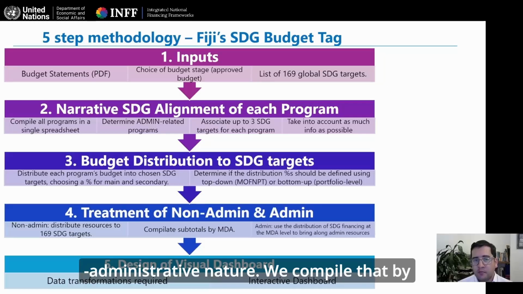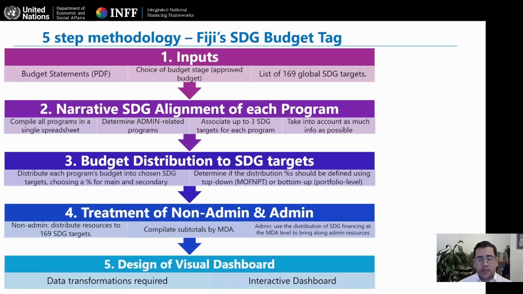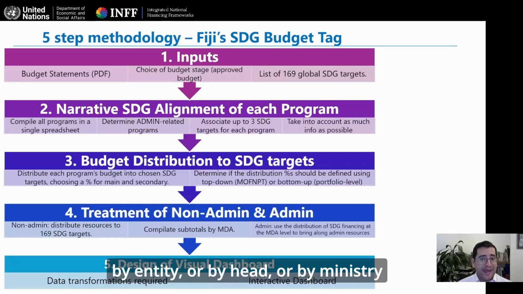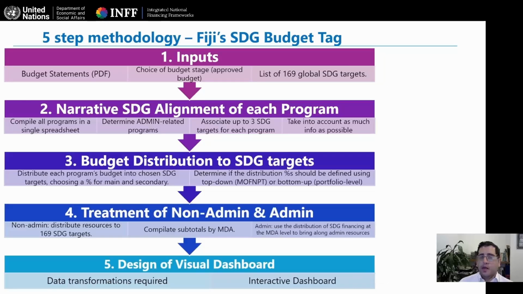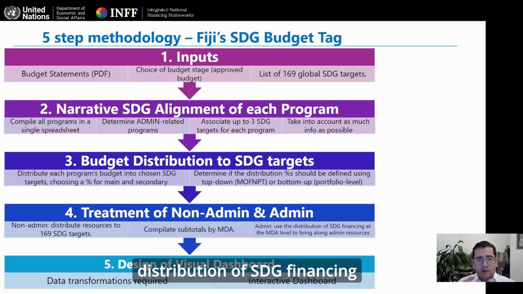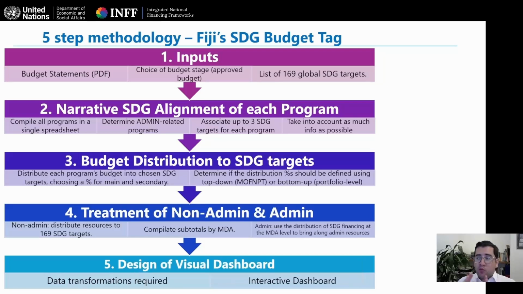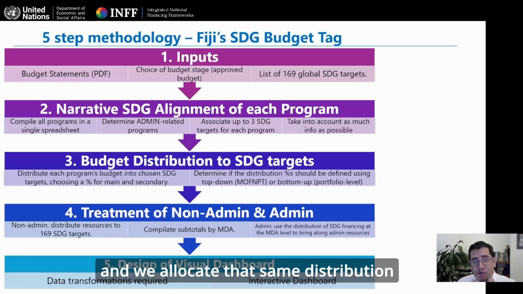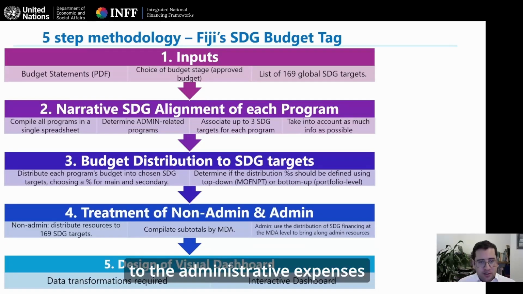We compile that by entity or by head or by ministry, and then we use that information in terms of the distribution of SDG financing, and we allocate that same distribution from the non-administrative expenses to the administrative expenses. We're going to do it step by step throughout the next videos.